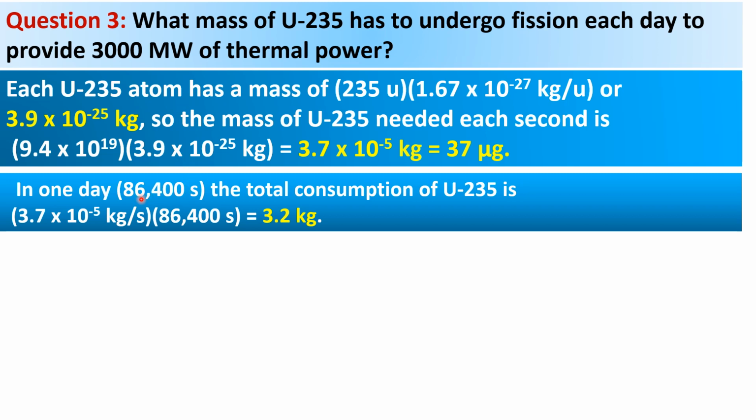So in 1 day, we know that there are 86,400 seconds. Therefore, the total consumption of uranium-235 would be, multiply that value, 3.7 times 10 to the negative 5 kilogram per second, by 86,400 seconds, for a total of 3.2 kilograms of uranium fuel. That's in 1 day.